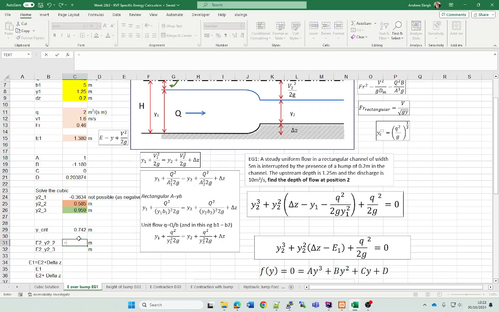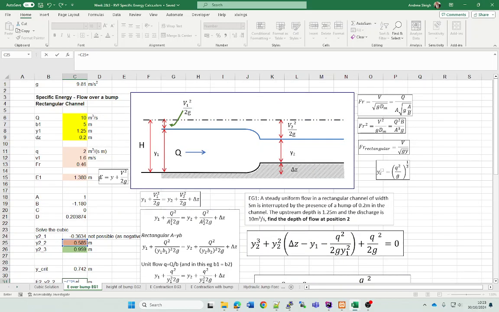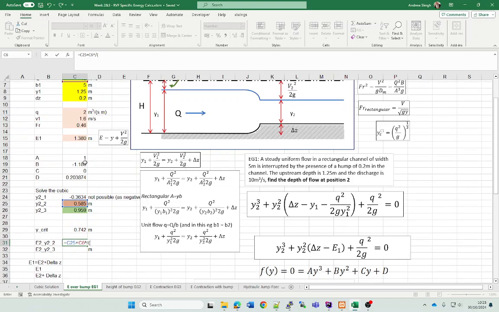And it's equal to y. The y we've got, I'm going to do these two y's, y plus q squared divided by a squared, formula on there, divided by a squared, and a is the y we've just calculated, times the width.